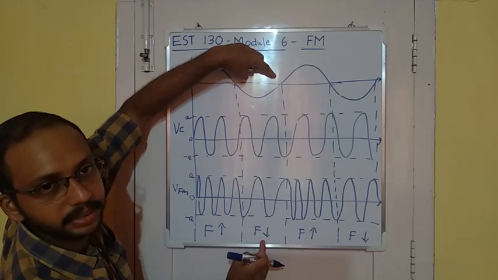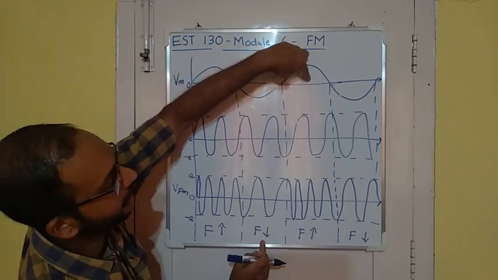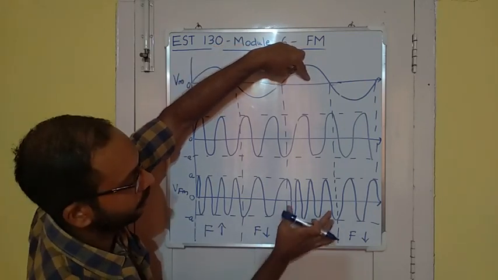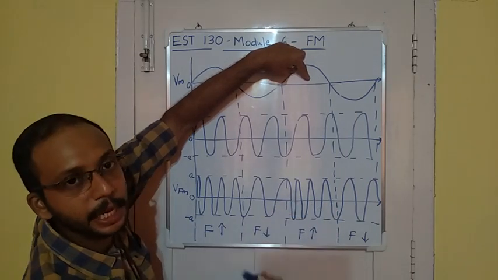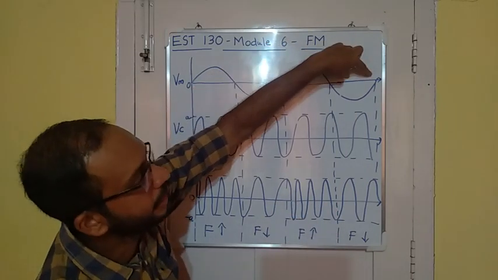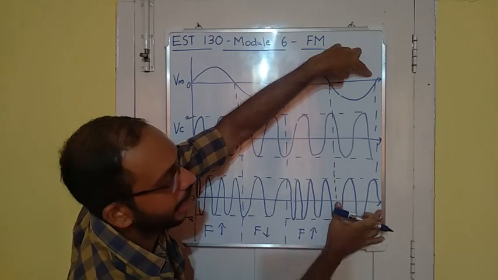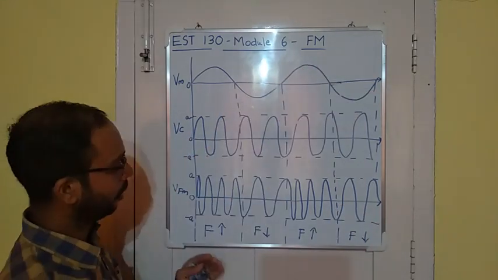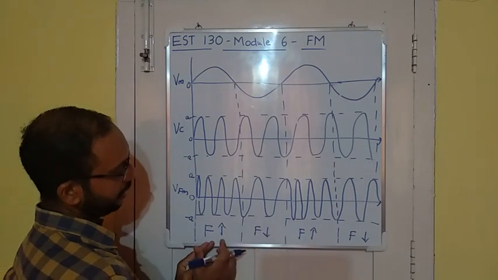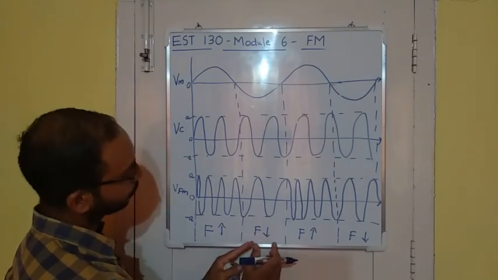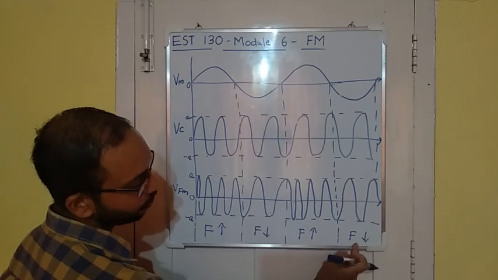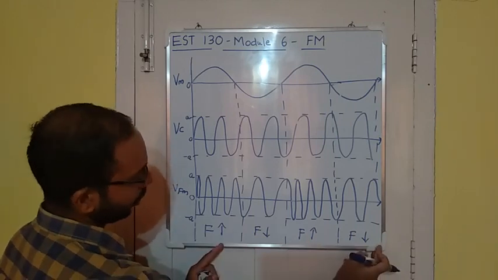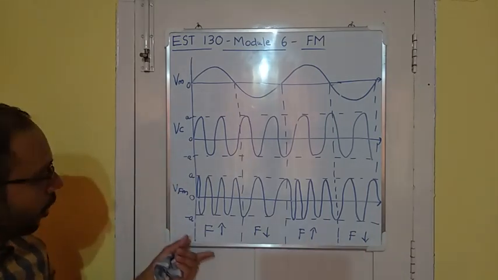That means frequency decreased. Again, there is a positive half cycle. Time period decreased. That means frequency increased. Again, negative half cycle. Time period increased. That means frequency decreased. So frequency increased, frequency decreased, frequency increased, frequency decreased, shown in this FM signal.